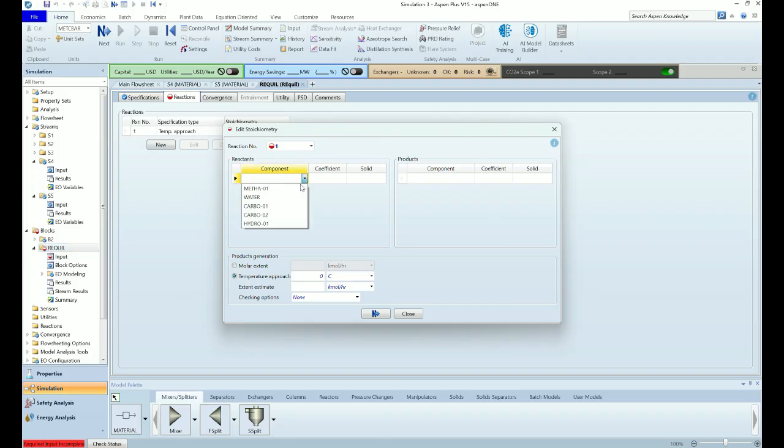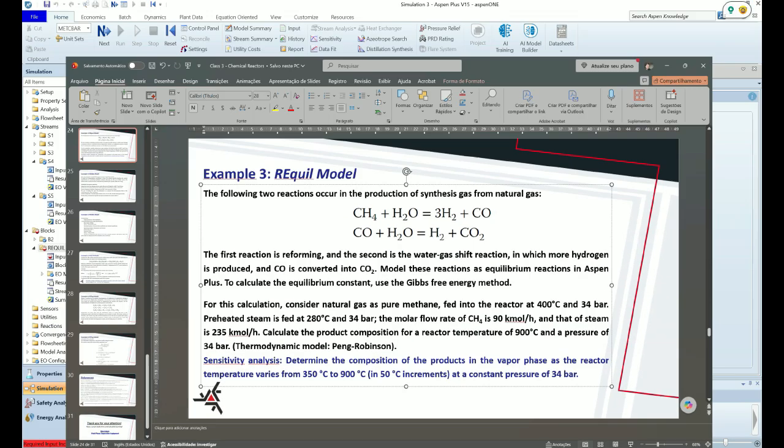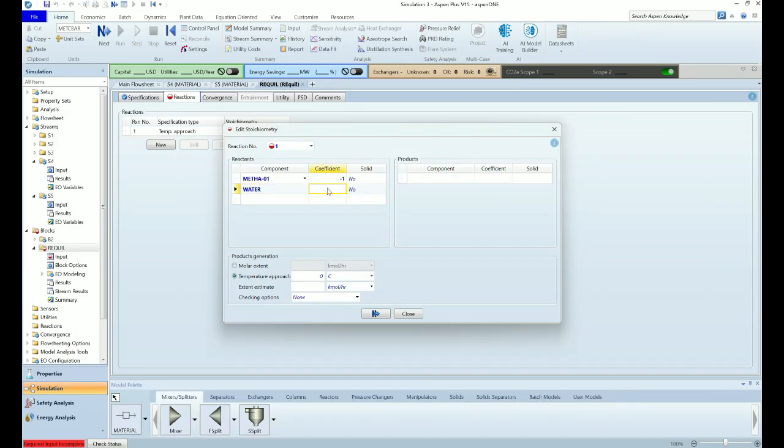And let's insert our reaction of methane reacting with water, producing, in amounts 1, 1, 3, 1, hydrogen and carbon monoxide. Okay, I think it's it. Yes.